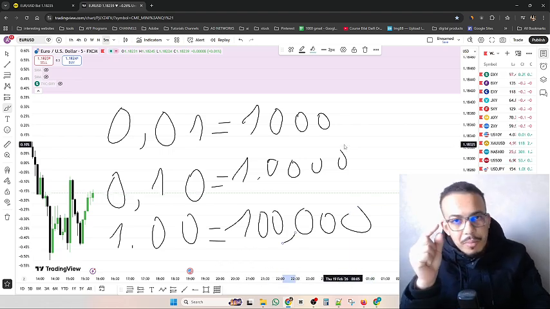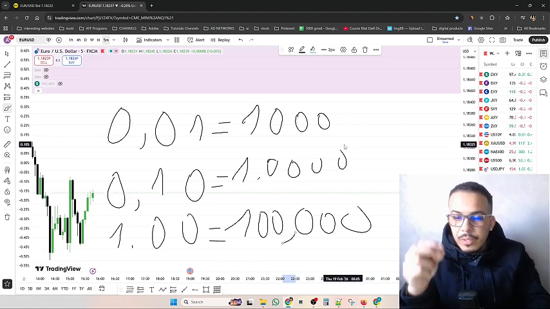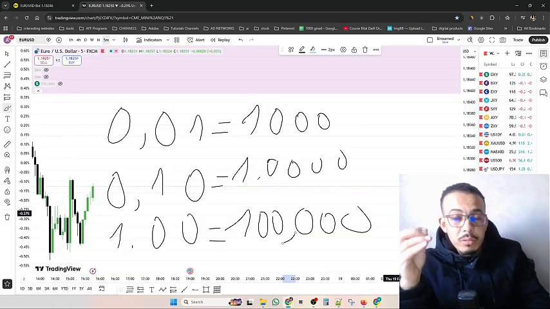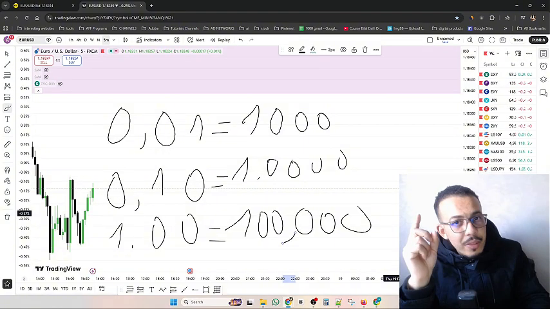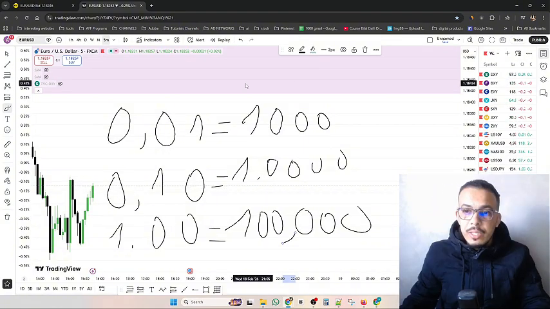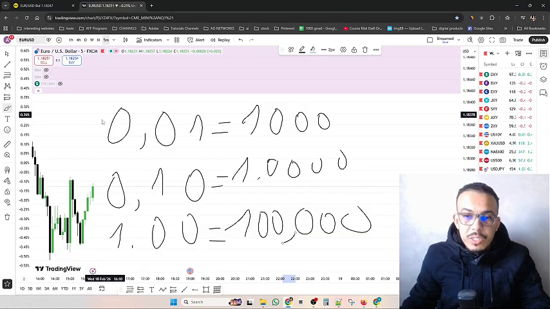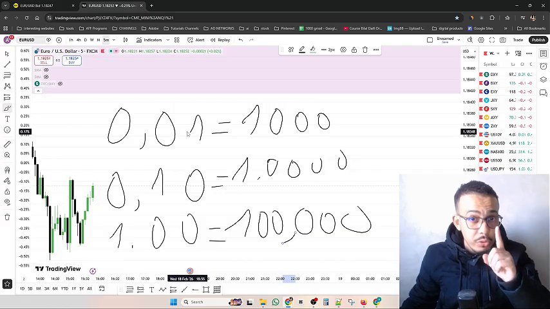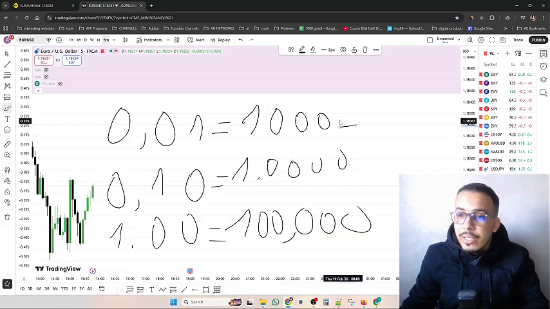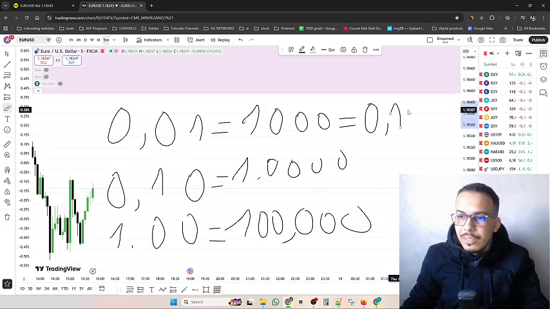Now this is the most important thing about lot size. The bigger your lot size, the more money you make. Also, the bigger your lot size, the bigger the losses will be, okay? Keep this in mind. Let's say, for example, you choose 0.01. For 0.01 on the Euro USD, every pip will equal 0.10 dollar, okay?